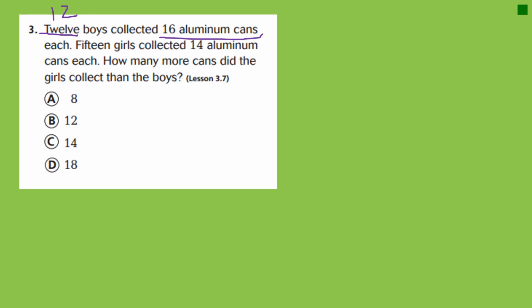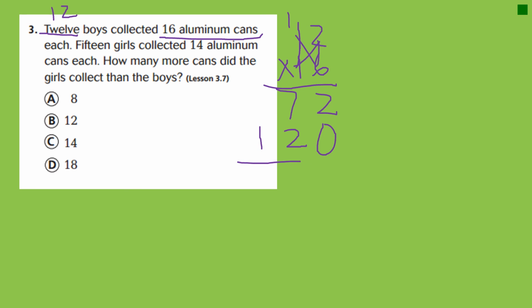Okay, so first let's find out what the boys collected. 12 boys got 16 cans. 12 boys, 16 cans. Algorithm. 7, placeholder, right? 1 times 2 is 2. 1 times 1 is 1. Okay, so this is the boys. 2, 9, 1. The boys collected 192. 15 girls collected 14 cans.